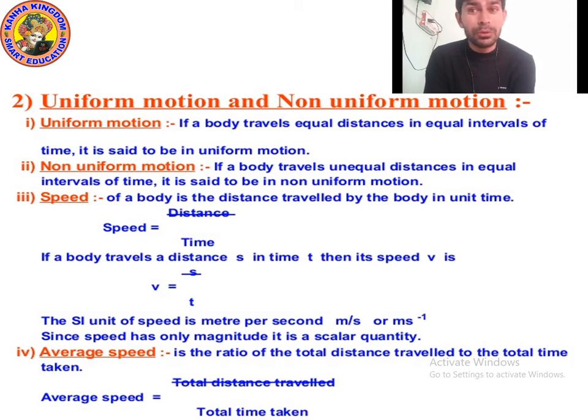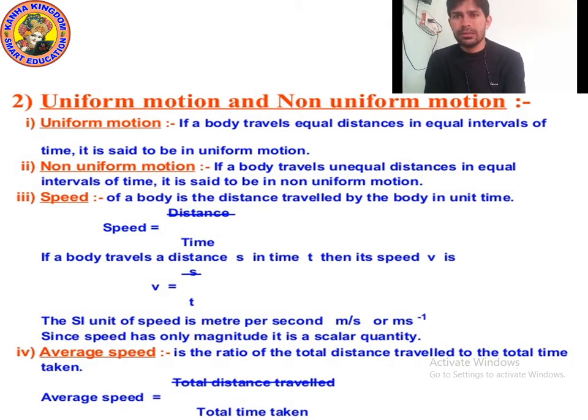Do you say like this? No, we do not say. Or, I am riding the bicycle at 30 kilometer per hour in the east-west direction. No, you don't say. So speed is a scalar quantity because it doesn't show the direction.